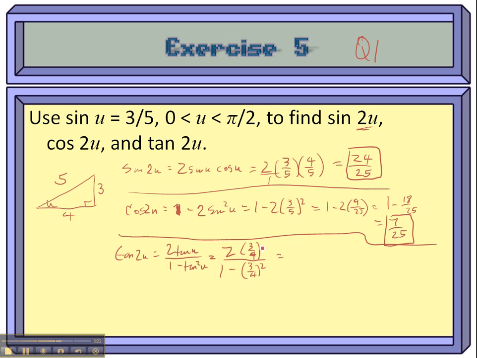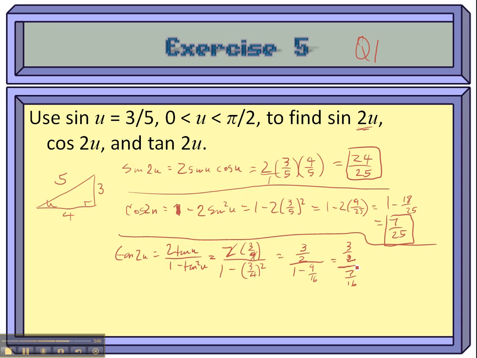So on the top, I can go ahead and simplify that. 2 will cancel with this 4, leaving 3/2 over 1 minus, when we square this, we get 9 over 16. Go ahead and subtract on the bottom. We have 3/2 over, when I subtract that from 1, I should have 7 over 16.